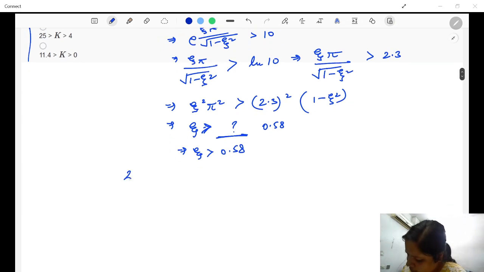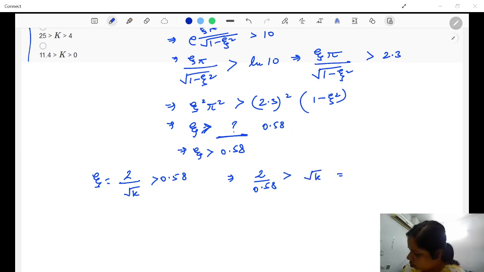So zeta was what? It was 2 upon root k, should be greater than 0.58. Then from here you're supposed to find out how we'll relate it with k. So 2 upon 0.58 is greater than root k. So k should be less than 4 upon 0.58 square.